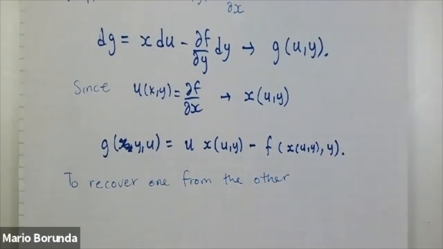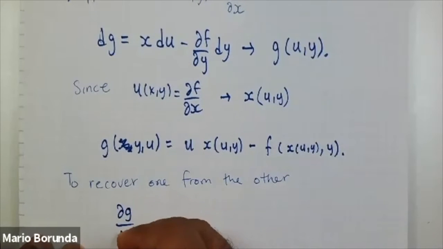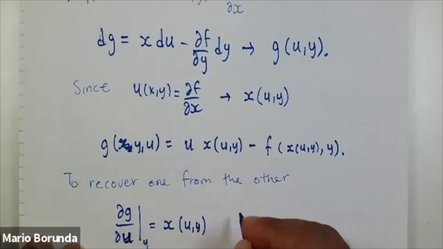All you have to do, for instance, if you're working with G, you take the partial derivative with respect to U, evaluate it at Y, and that's going to give you the X of U, Y.